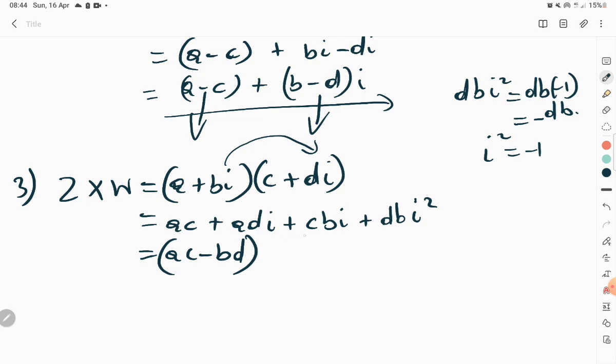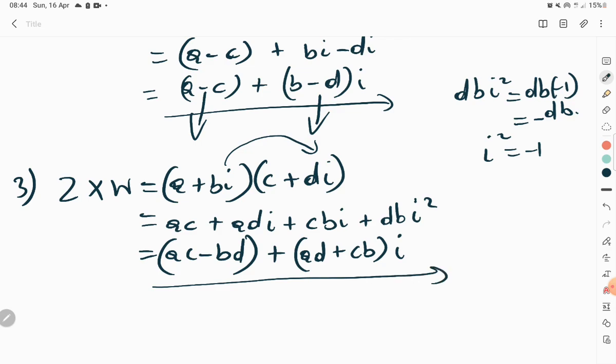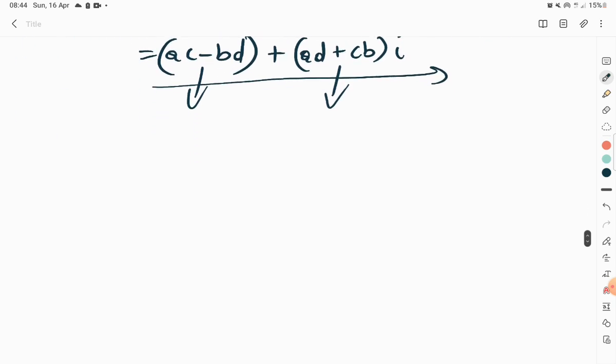For the imaginary terms, you remove the common factor i, and have ad plus cb, then i. So even when you multiply them, the real part and the imaginary part stand separately.